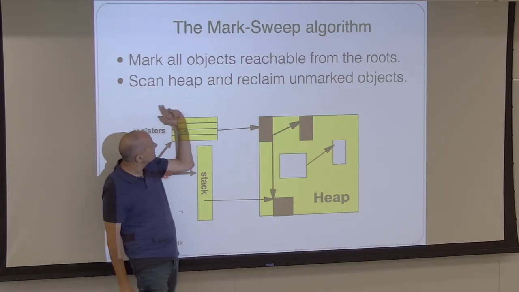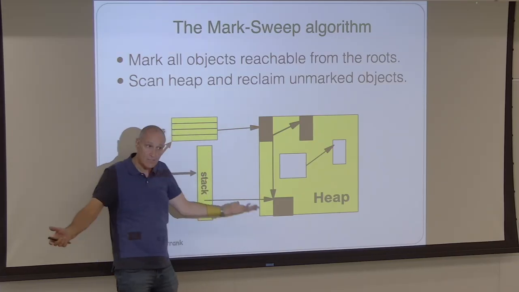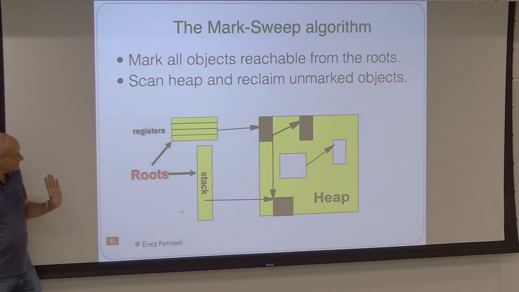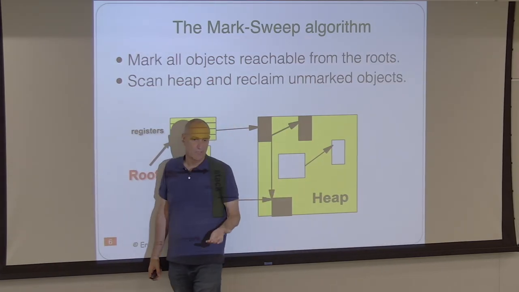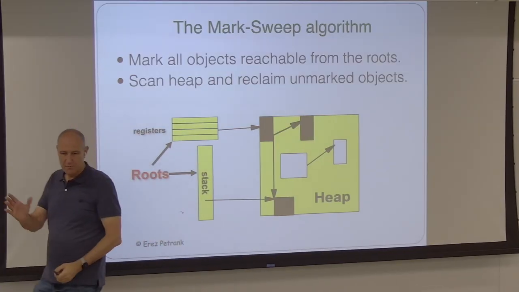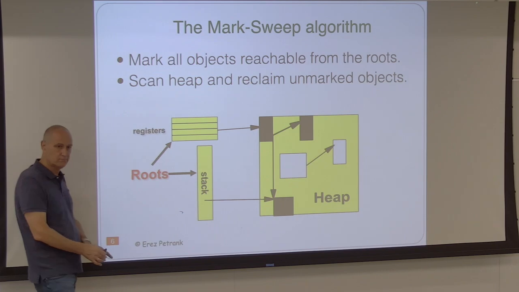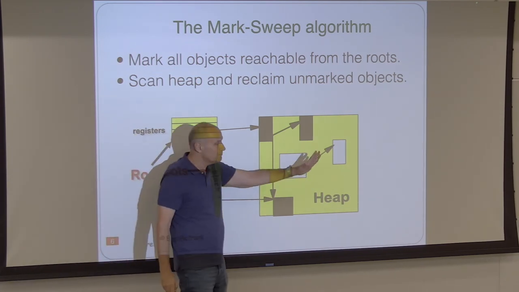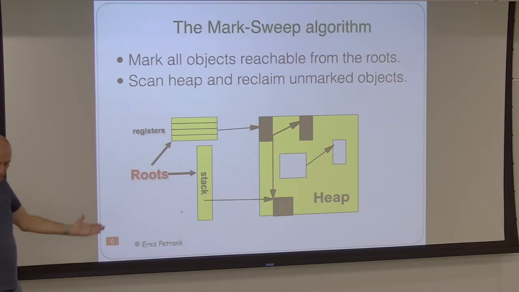We go and reclaim them. The marking phase is called marking. And the phase where we go over the heap and reclaim everything that's not marked is called sweep. Sweep, if you don't know, in Hebrew is letate. So we sweep the heap and reclaim all objects that are unmarked.